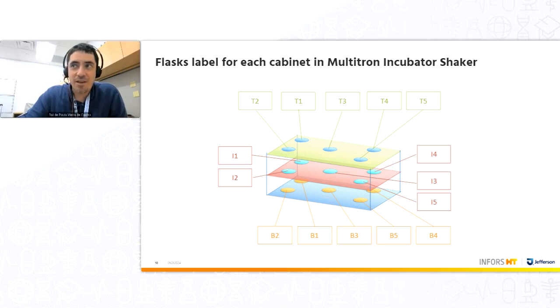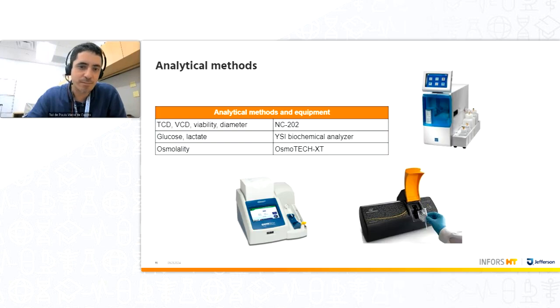Basically, inside each cabinet you have the same conditions anywhere, but that's something we wanted to verify to make sure. Having the same result, we can consider that all those flasks inside the cabinet were replicates.